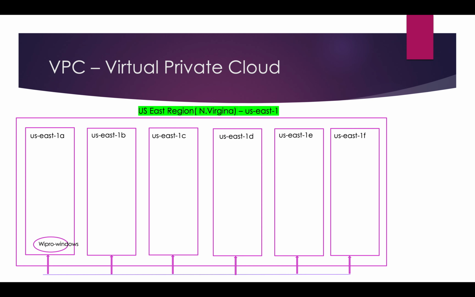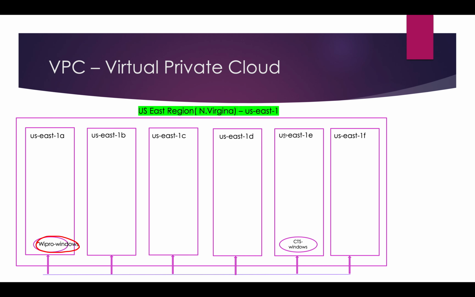I created a Windows machine in this data center, US East 1A. Next there is CTS, one more company. That company created one more virtual machine in this US East 1A.